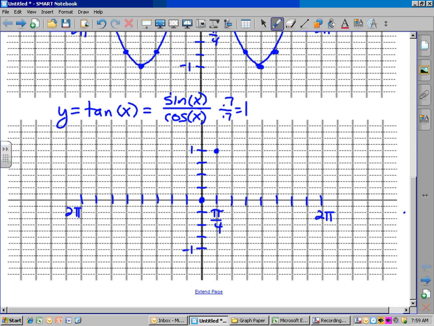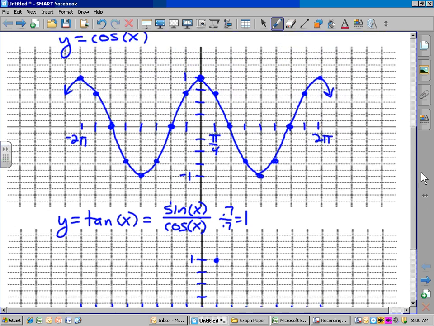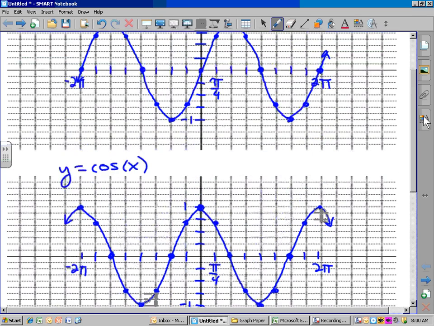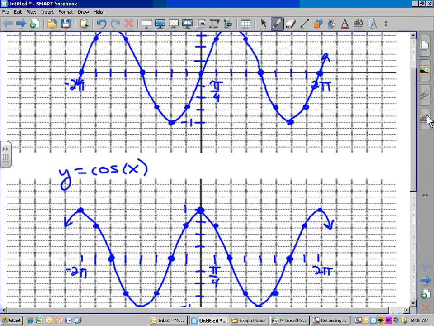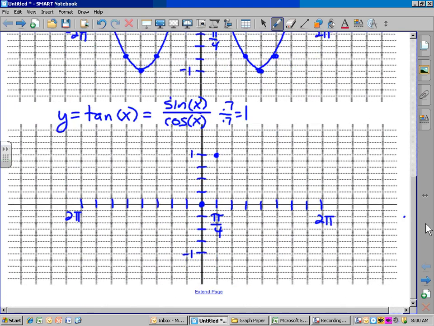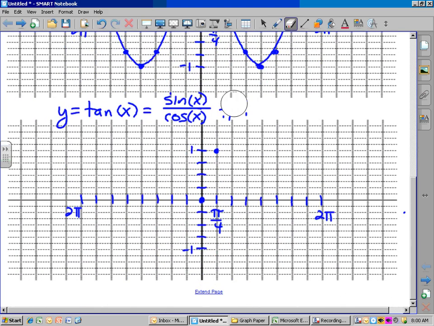Okay, what about 90 or pi over 2? Where's the sine? 1. Cosine? 0. At 90 or pi over 2, we're 1 over 0, which is what?